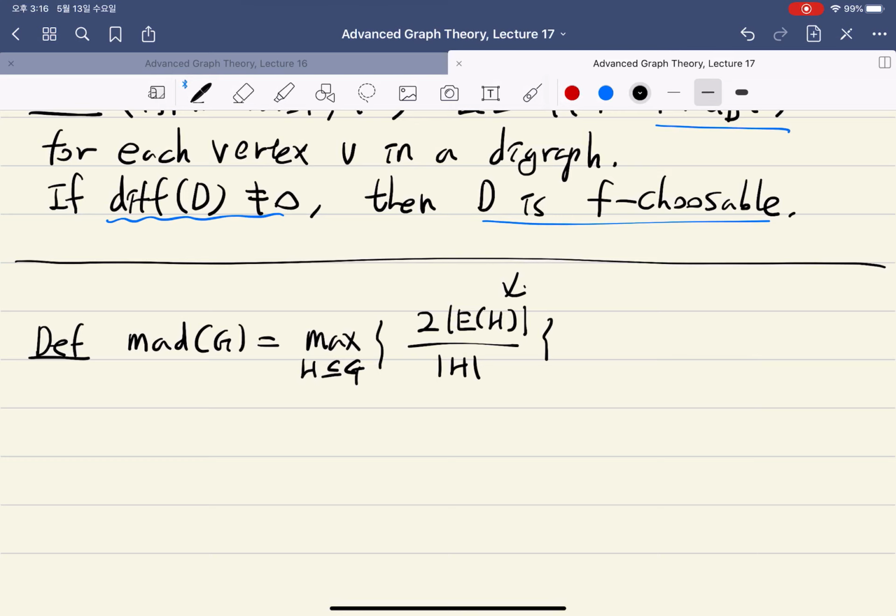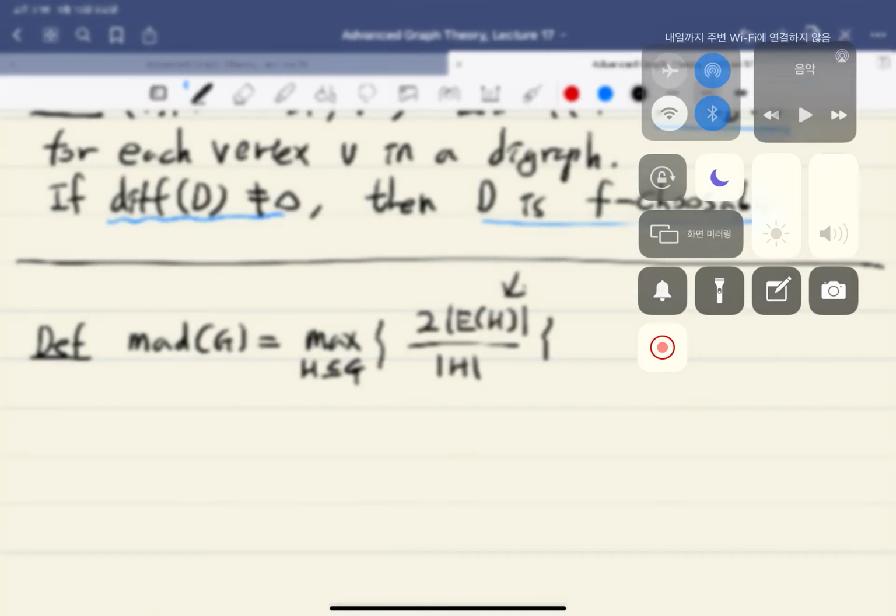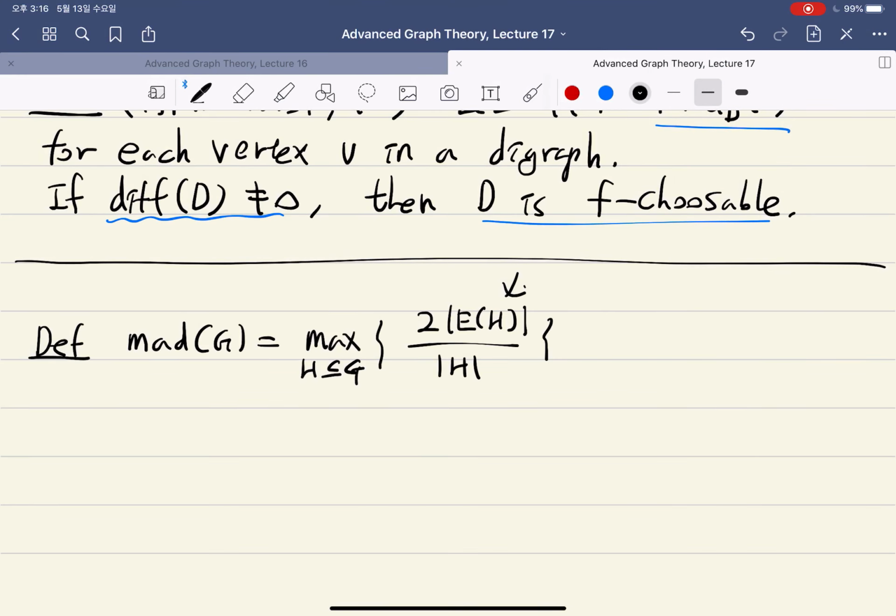So instead of average degree, we take this maximum average degree, because in many cases, for example, if we have a graph G, and this has average degree 3, this measures how dense it is.